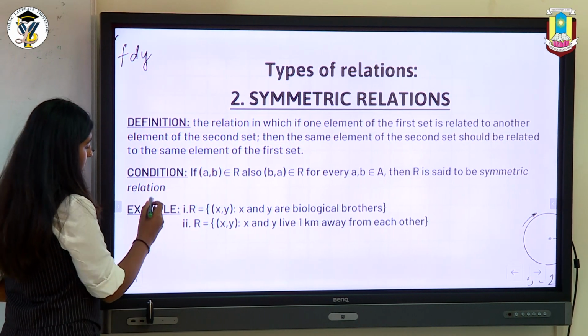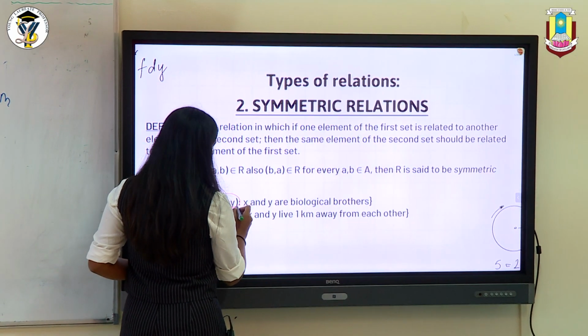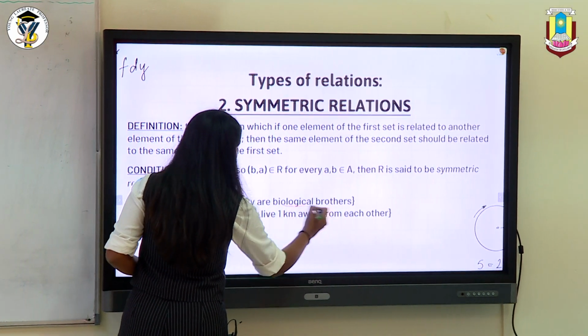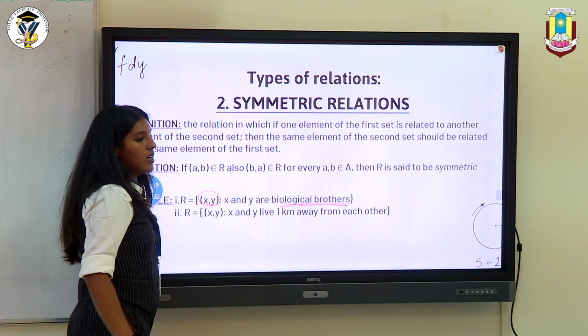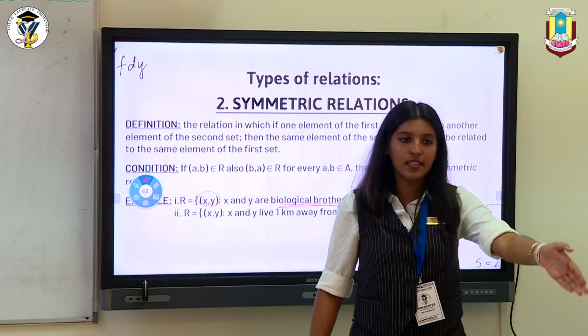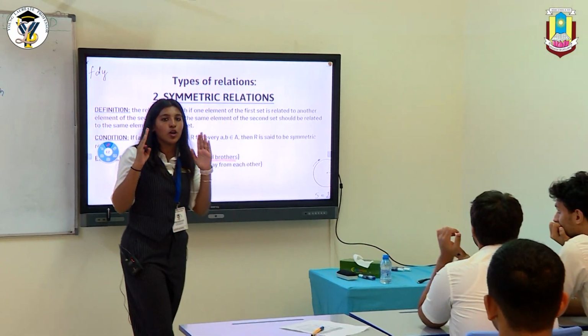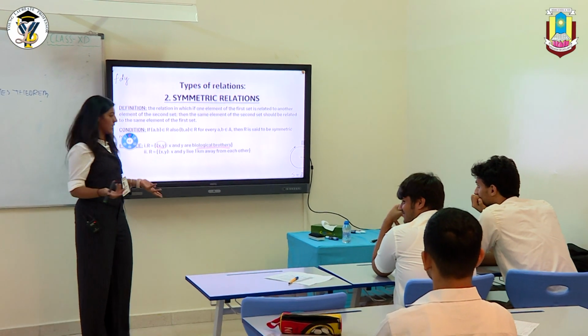Now let me give you another example. (x, y) such that x and y are biological brothers. Imagine they are brothers. If he is his brother, then obviously he is also his brother. That is what is known as a symmetric relation.